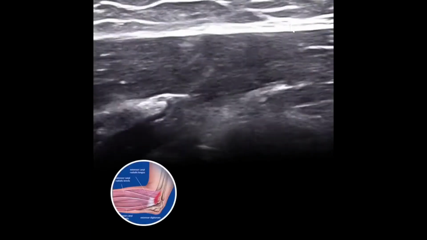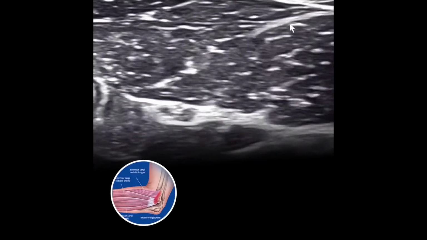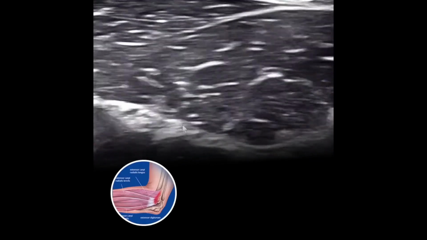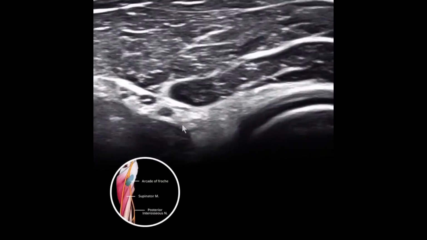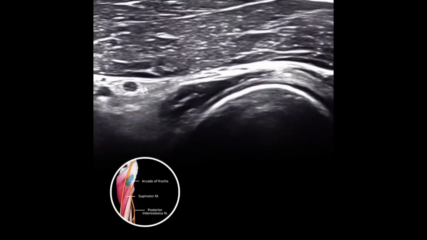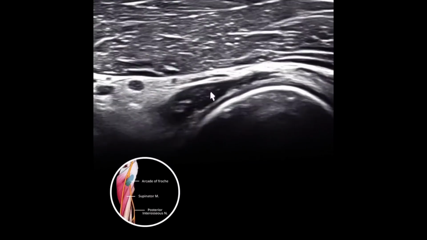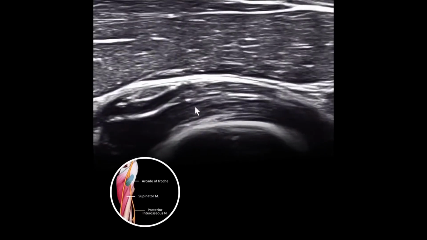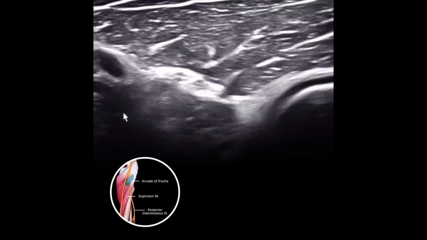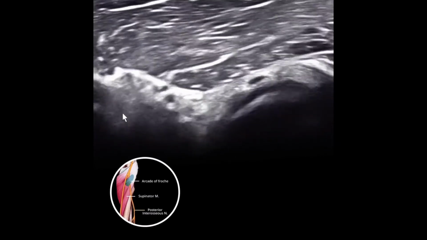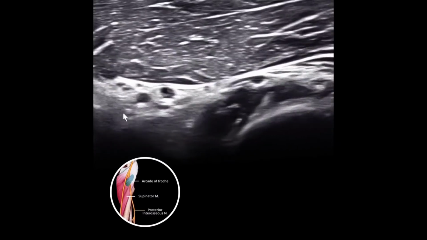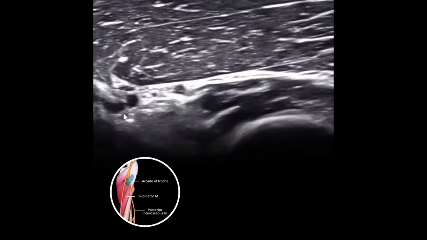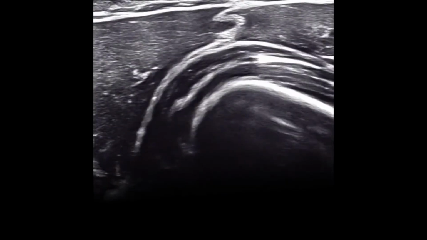We go over, twist the probe, and we see the radial nerve, and we go down, follow, radial tunnel, supinator muscle, arcade of Frosch, traveling through inside. That's the space called posterior interosseous nerve compression here.